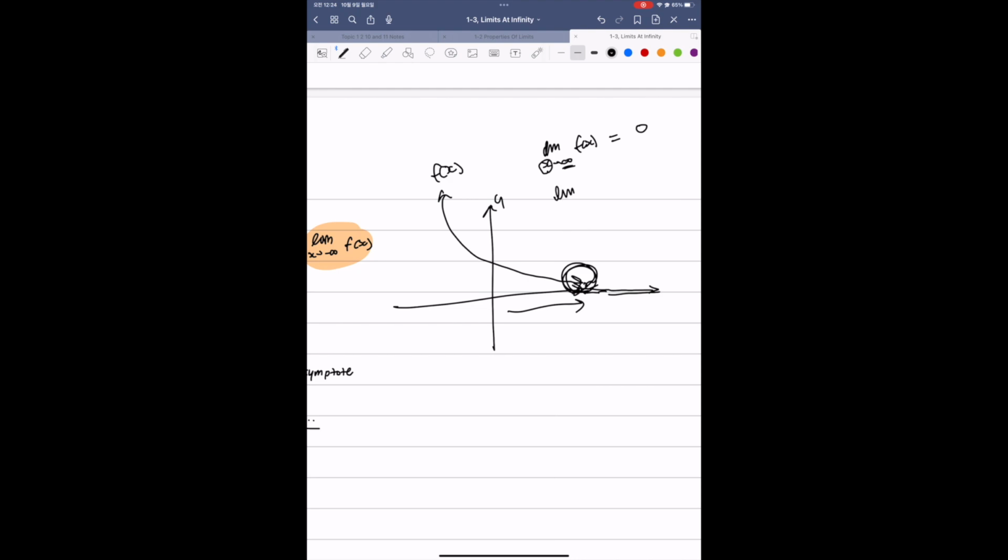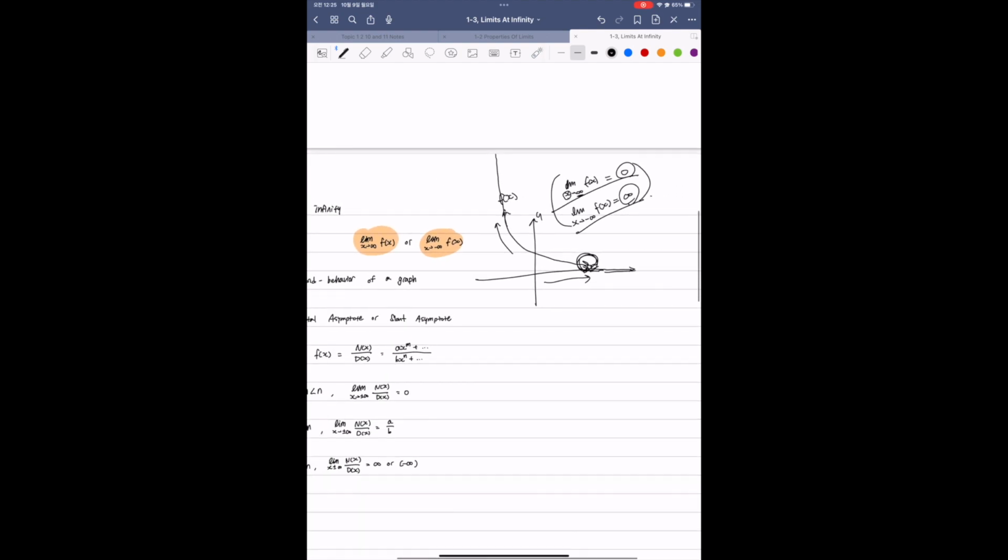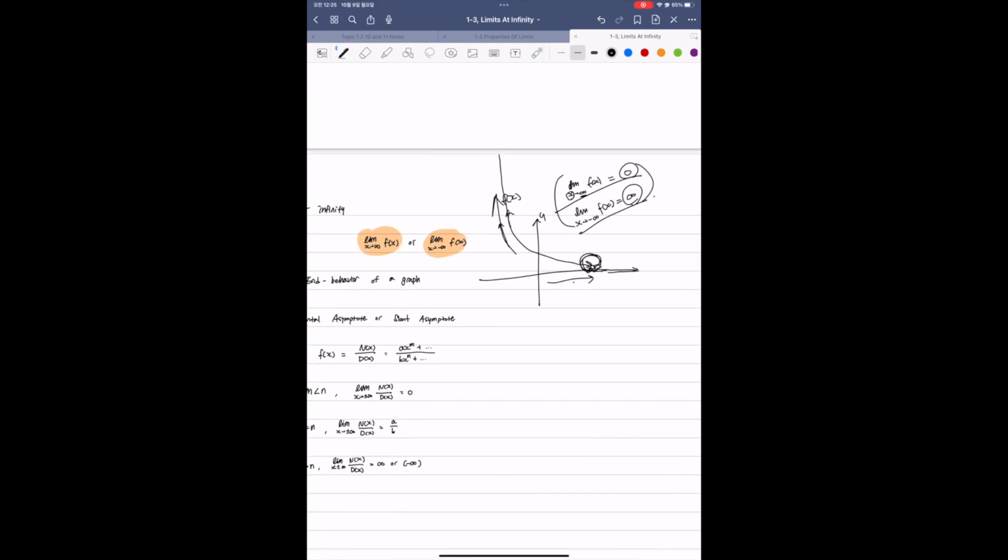And for the limit going towards negative infinity, the answer should be infinity, because looking in this direction we don't know where it will end. It will go forever. Therefore, it should be infinity, and this should be 0. This is what is meant by the end behavior of the graph.